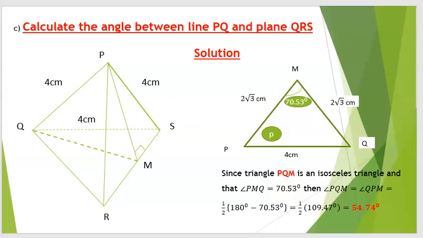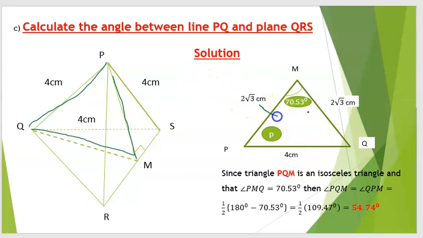The next question I want us to look at: you're told to calculate the angle between the line PQ and the plane QRS. If you look at the line PQ, the projection of this line is QM, and therefore it is forming this particular angle.